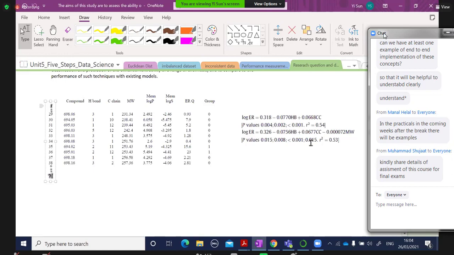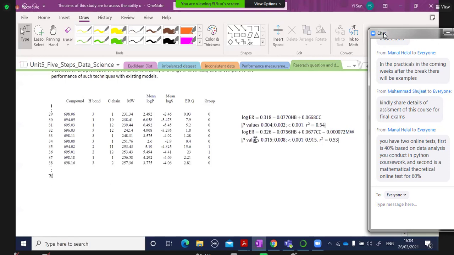Now, in the problem domain, researchers use this equation, this tool, to predict this ER value. So the question that comes from the researchers is: do you have any models or modeling methods which can provide much better, much more accurate estimations compared with these 2 methods we use?